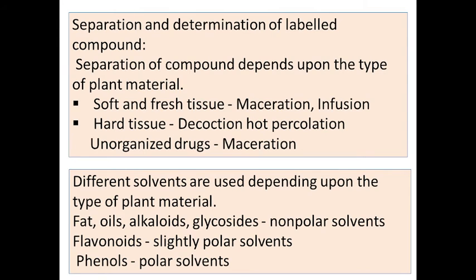So these are the different techniques used for separation of active constituents, that is secondary metabolites, which are synthesized by different parts of the plant. After separation, the identification of the compound is done.